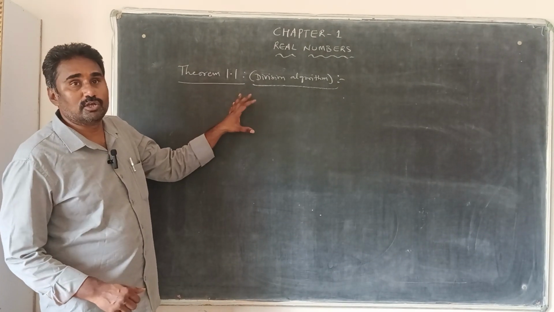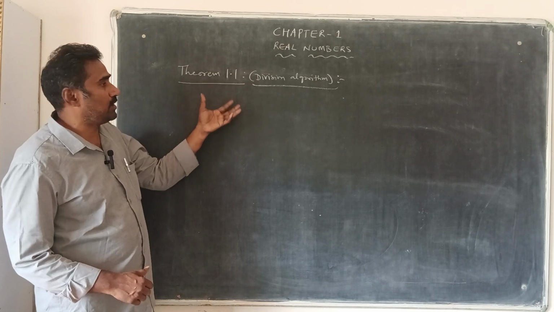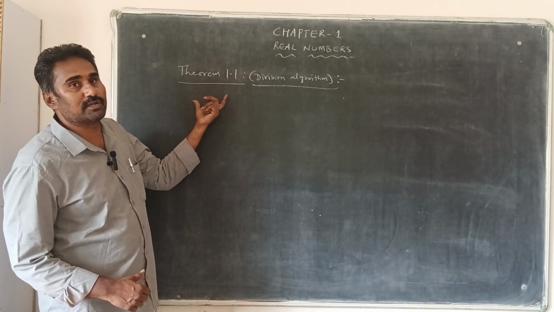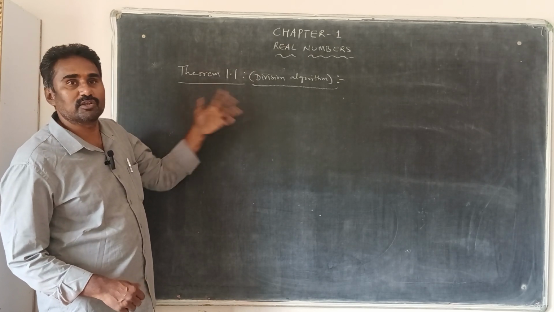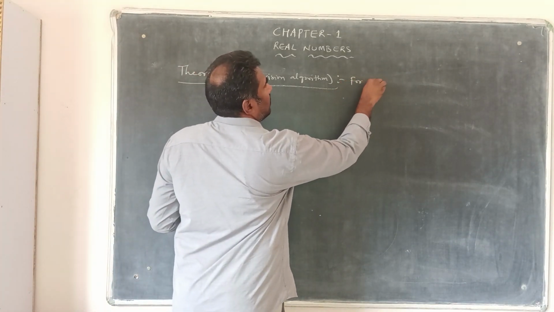In the real numbers chapter, we discussed the main topics. The first one is theorem 1.1, that is the division algorithm. What is the division algorithm?